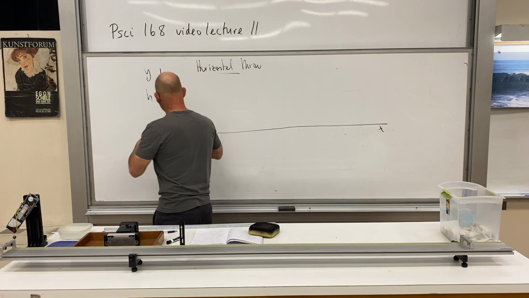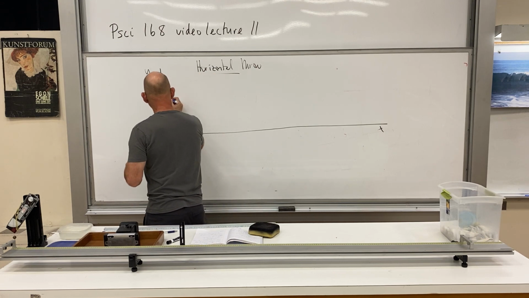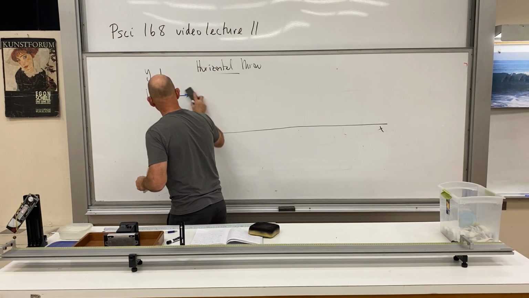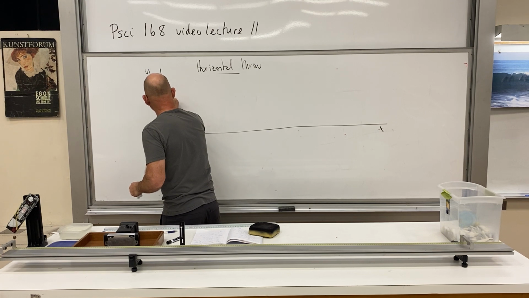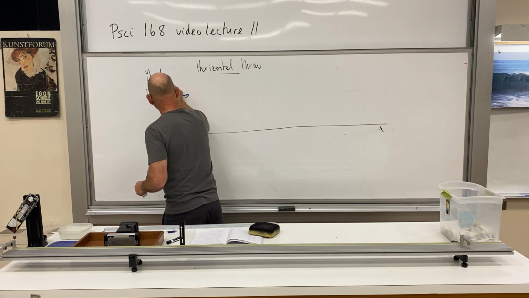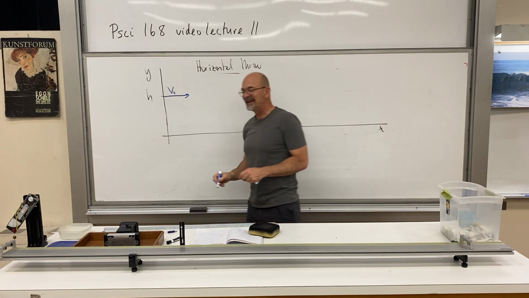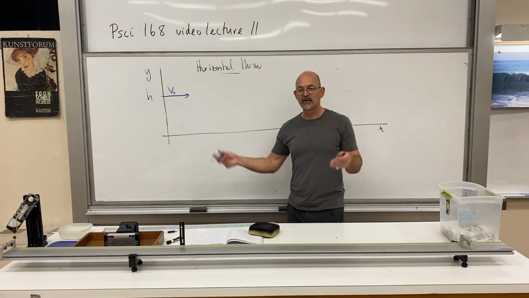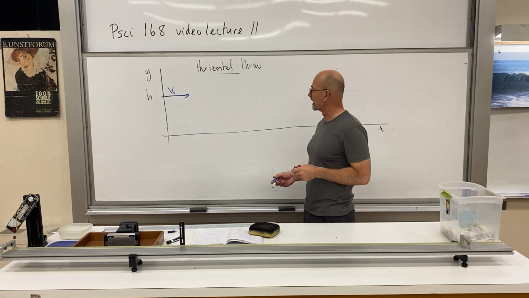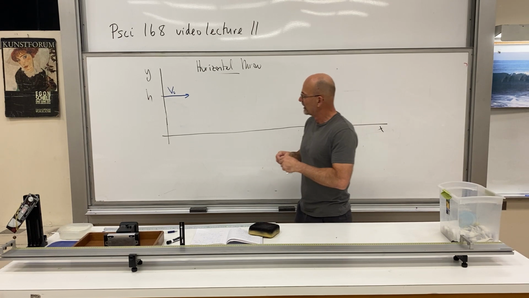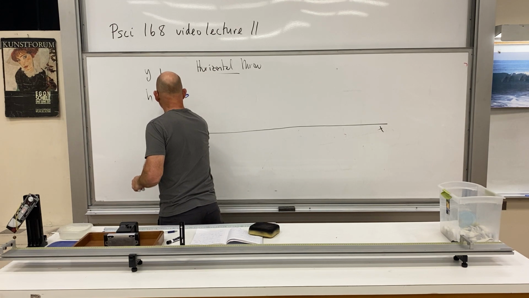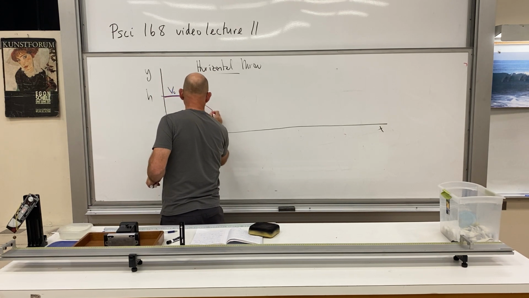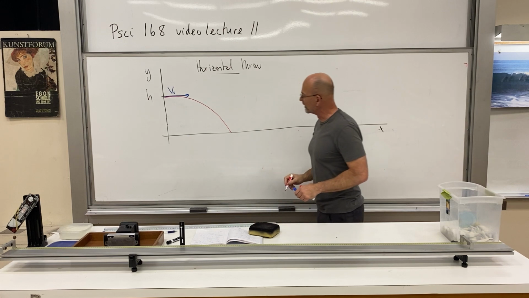So I'll put a little arrow here for that. Okay, this arrow represents v0, that's the speed that we throw it with. 5 meters per second, 10 meters per second, take your pick. Point is, the trajectory is this part of the parabola, and the ball lands there, okay?